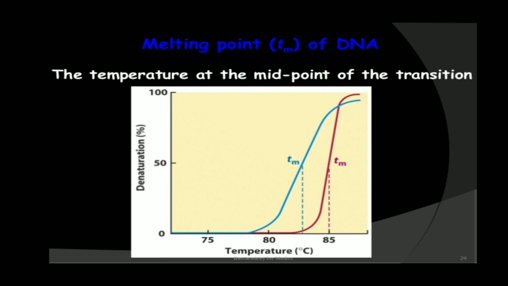If it is single stranded DNA, then the melting point will be lower, and if the DNA is double stranded, then the graph will be shifted towards the right side, right? Because the temperature is increasing. The blue graph shows single stranded DNA, and the red graph shows double stranded DNA.